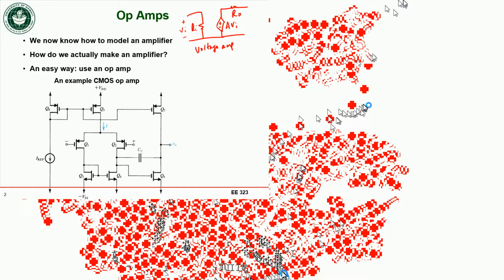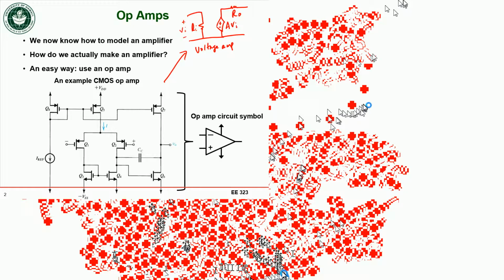So you don't need to know what's going on inside the op-amp yet, but just recognize the fact that there's a lot of stuff in there, and that all of this can be modeled by this voltage amplifier model. We don't draw this schematic every time we want to make an op-amp.